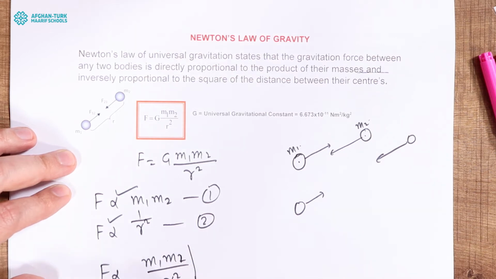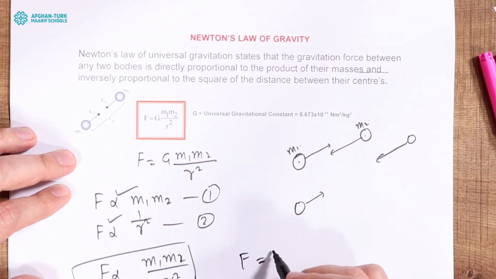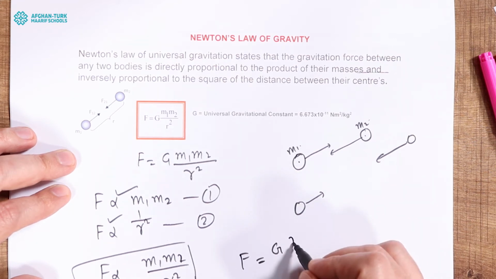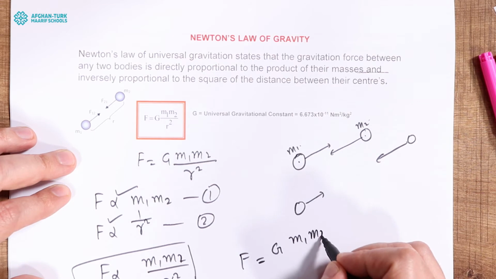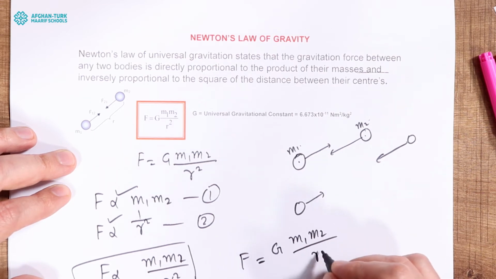This is not the proper equation yet. So now if I want to remove the proportionality, we can put the equal sign and also the universal gravitational constant, so F is equal to G m1 m2 divided by r square.